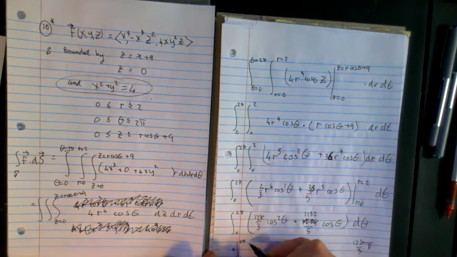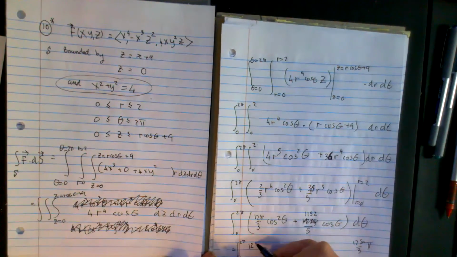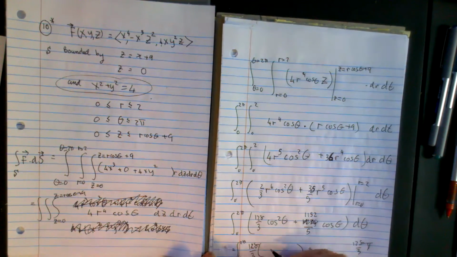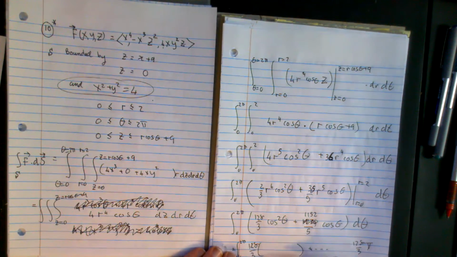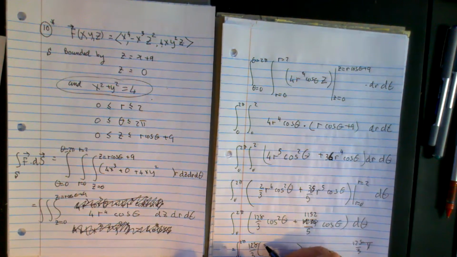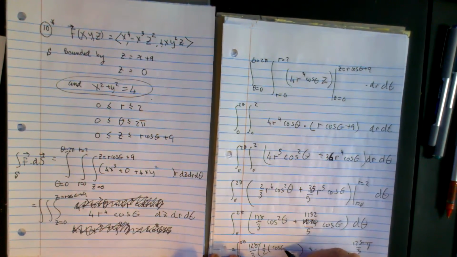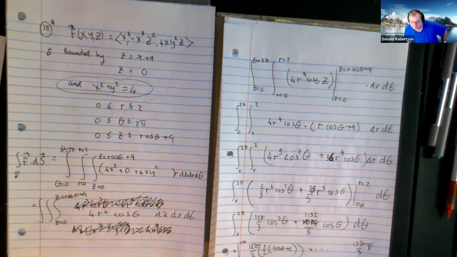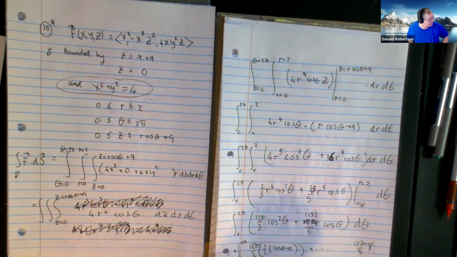Use a trig identity. Okay, anybody got the trig identity for it? And this is actually where the pi is going to come in. It'll be 1/2 plus cosine of 2 theta over 2. 1/2, that guy, right? And that's where the pi that we talked about does come from.